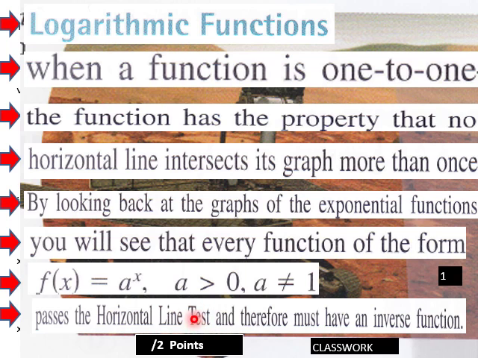Remember the vertical line test? That was for a function. Well, 1-to-1 relationships are determined by the horizontal line test, and therefore must have an inverse. If it passes a horizontal line test, therefore the function will have an inverse of itself.